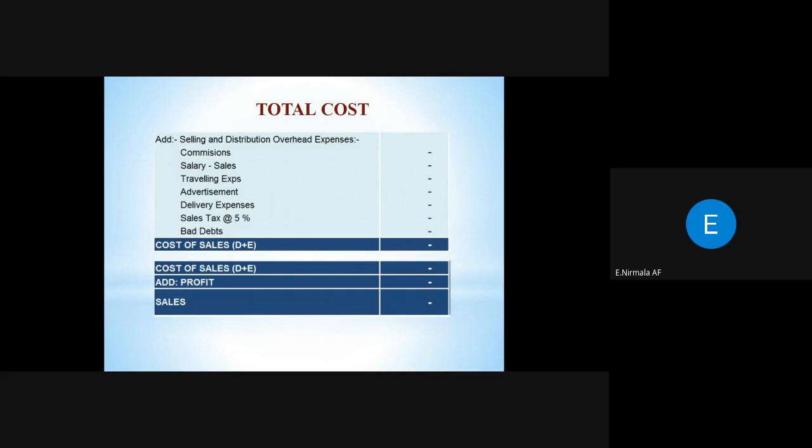Then in the question, they will mention sales. So here we have to enter the sales amount as well as cost of sales. So we have to deduct from sales, right? If it is a positive figure, then it is termed a profit. If it is a negative figure, then it is termed a loss. Now we'll do the problem.